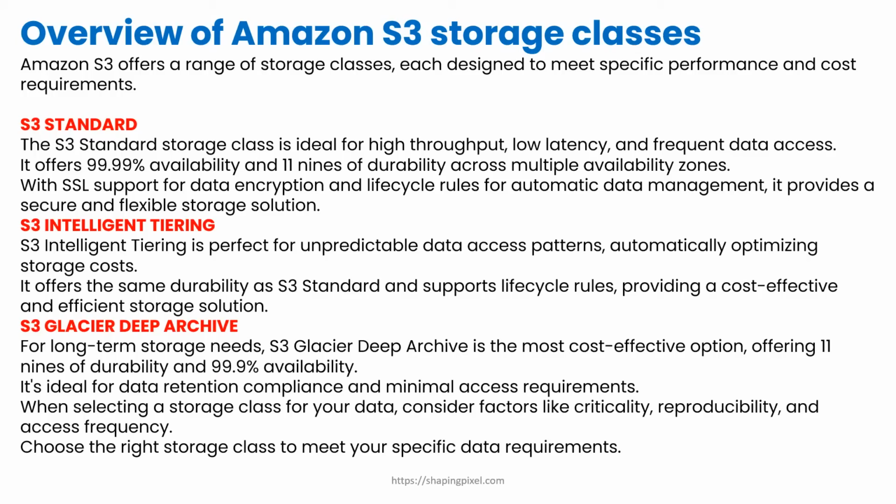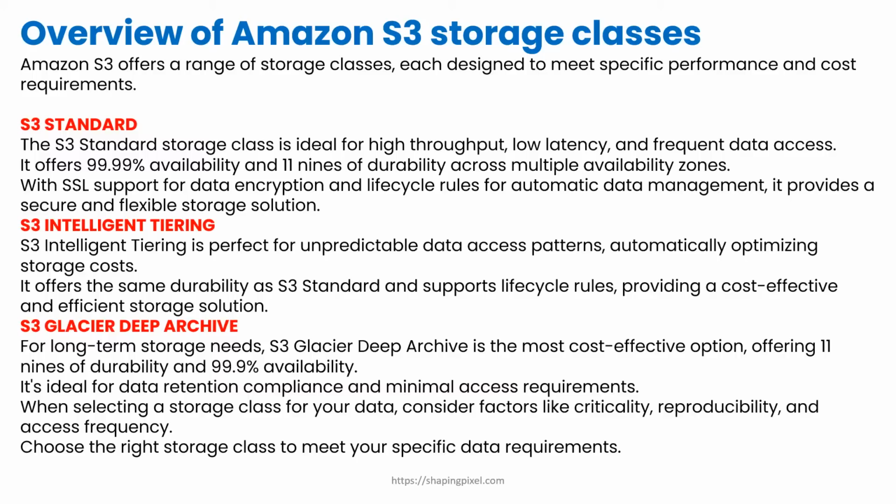So, Amazon S3 offers a range of storage classes, each designed to meet specific performance and cost requirements. Let's dive into the different storage classes available and their unique features. The first one is the S3 Standard storage class. It's ideal for high throughput, low latency, and frequent data access. It offers 99.99% availability and 11 nines of durability across multiple availability zones.